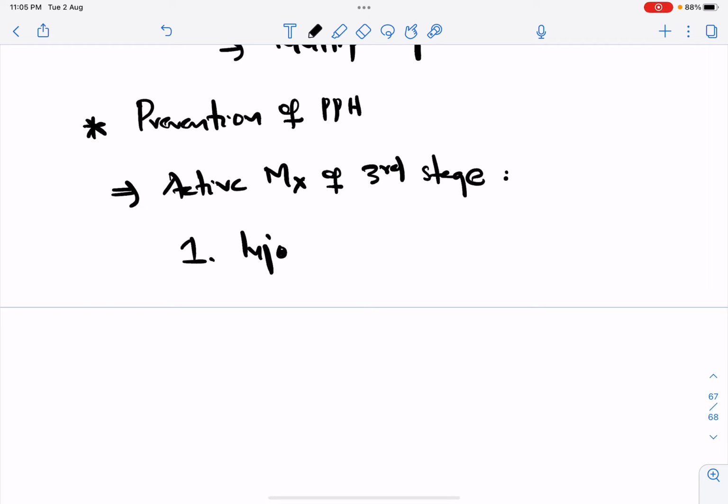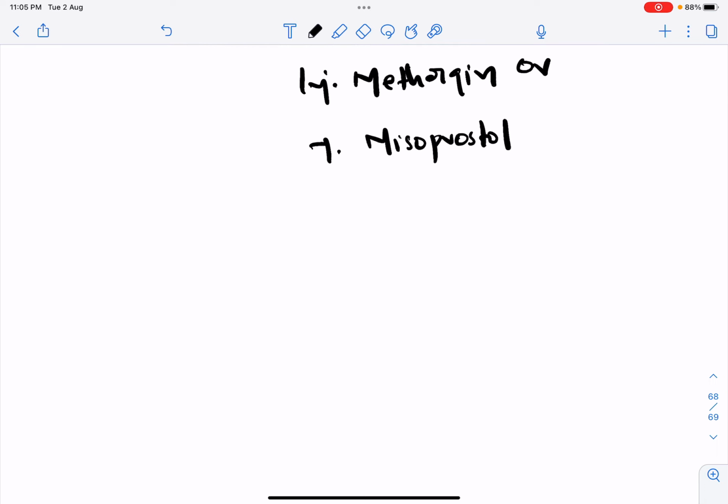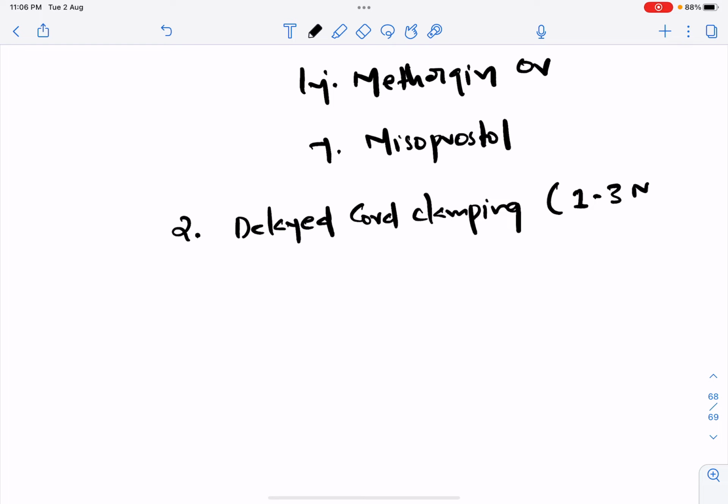Or you can use other drugs like injection methergin or tab misoprostol. These are the other options instead of oxytocin. The second component of active management of the third stage is delayed cord clamping. You can delay the cord clamping by 1 to 3 minutes.